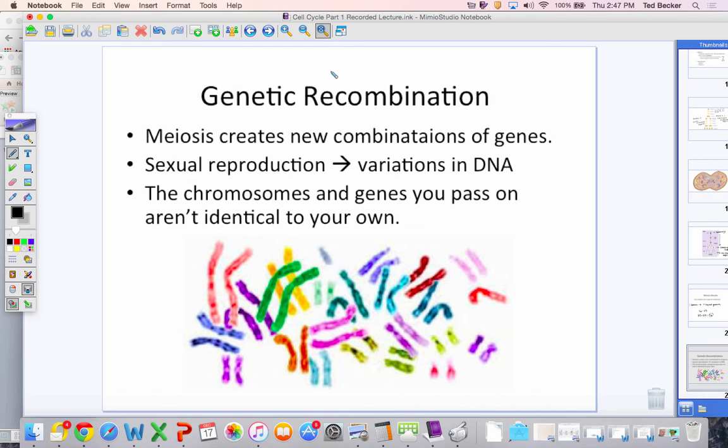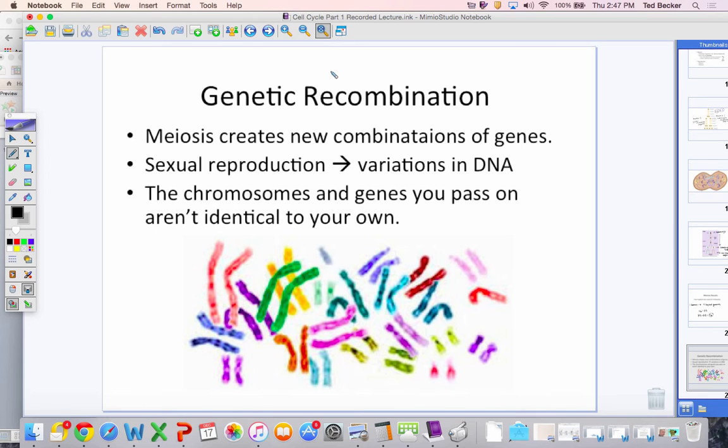So something else that happens during meiosis is genetic recombination. So we're paring our DNA down into 23 chromosomes, and we also are creating genetic variation. So through meiosis, new combinations of genes arise.